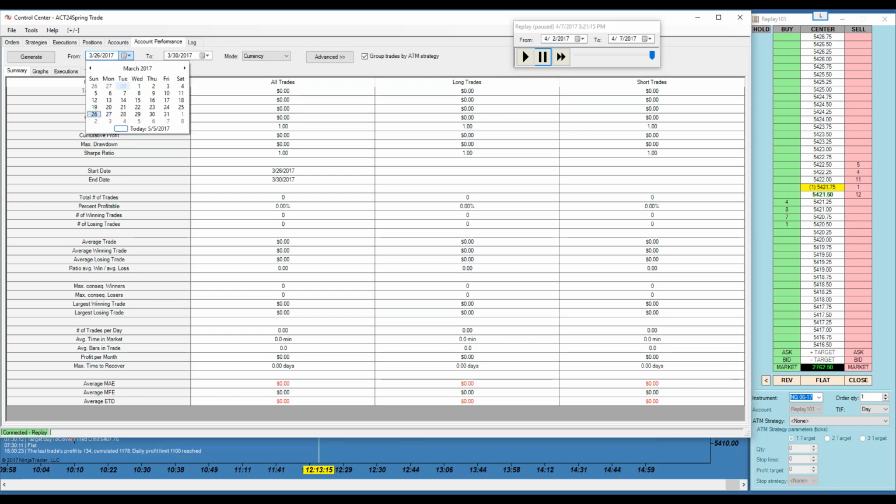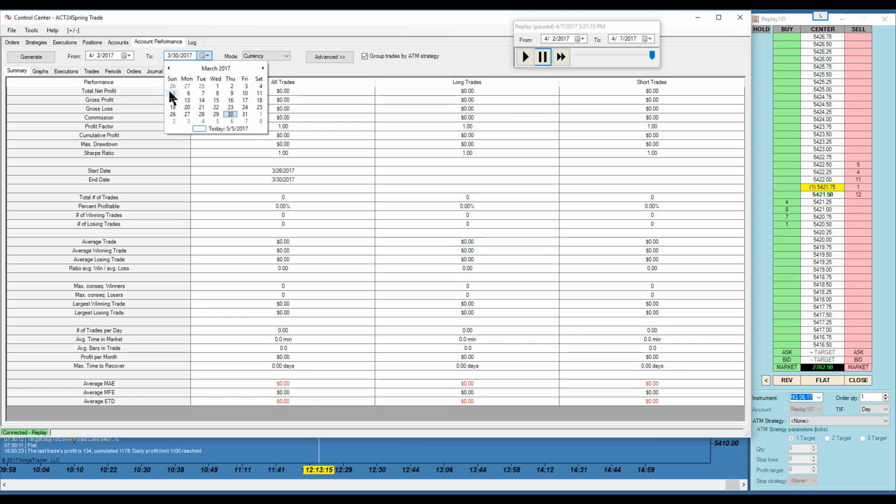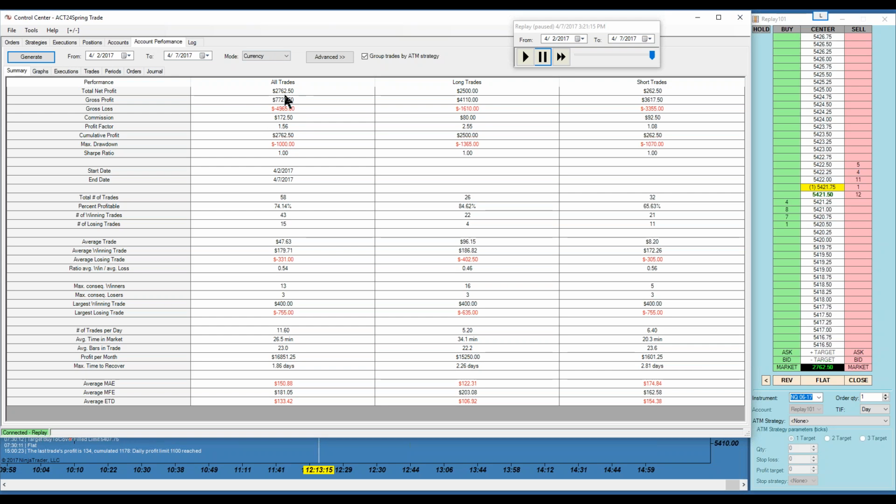Okay, we're going to put the 2nd through the 7th. And we're going to generate the report. There it is, 27.62. It matches down here.